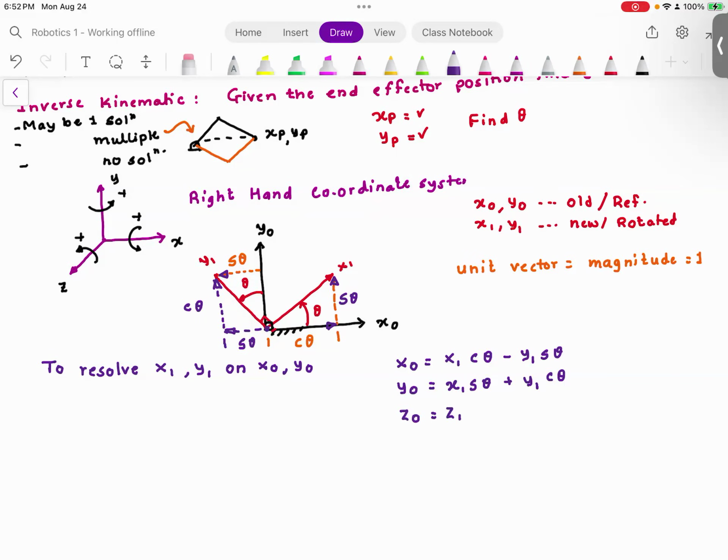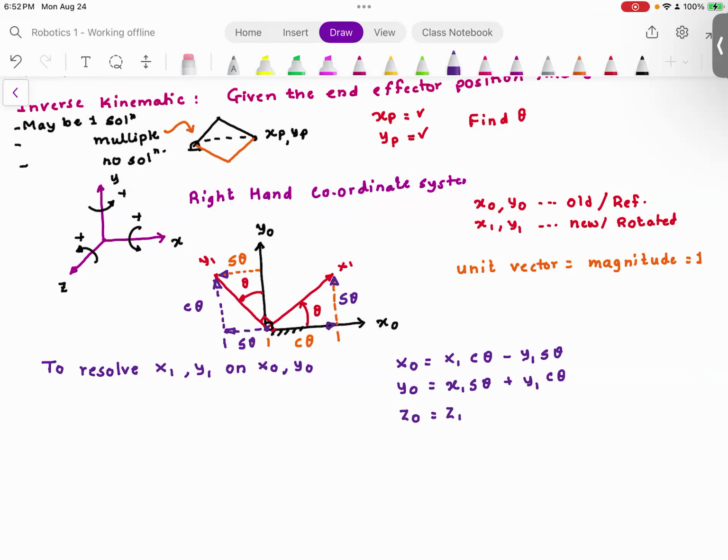Both these frames are at the same point, but the first frame, x0, y0, is fixed. x1, y1 is rotated by theta. And I want to find out what is the relationship of the new frame to the old frame?